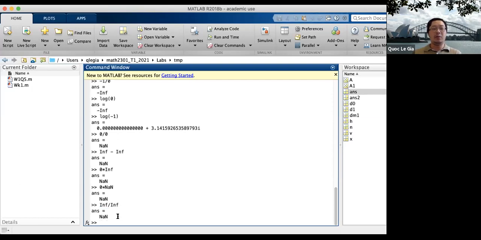And now what is 1 over exponent of infinity? 0, yes, correct, because exponent of infinity is just infinity, and 1 over infinity is just equal to 0. You still remember calculus, very good. Now what is 3 times infinity minus infinity?